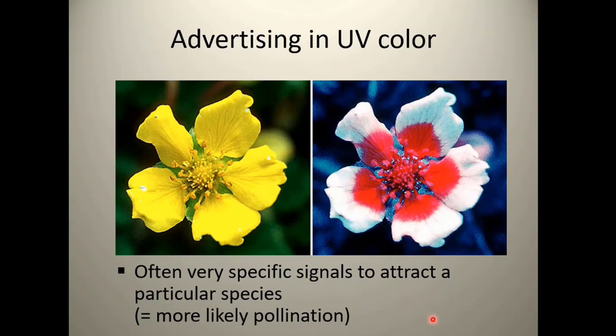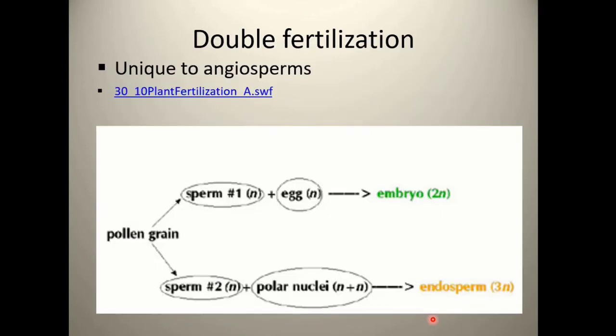So there will be double fertilization, which is particularly unique to angiosperms, where you will find the process of a pollen grain, where there will be sperm 1, sperm 2, and then there will be a pollen nuclei and the egg, where one will produce the embryo, and the other will produce the endosperm.